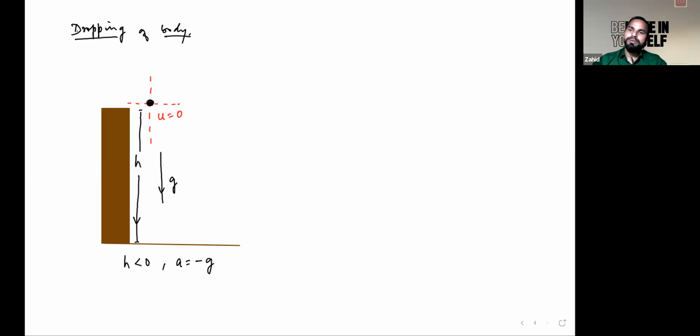Next is, suppose a ball is dropped from a hot air balloon. Say a hot air balloon is ascending, and there is a body inside it.